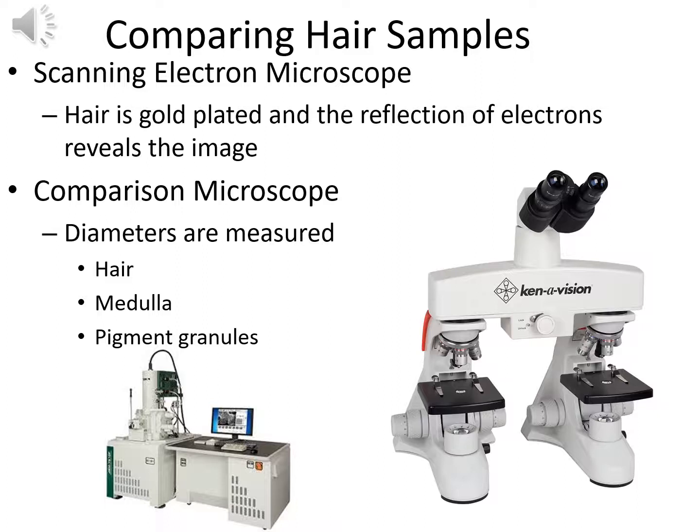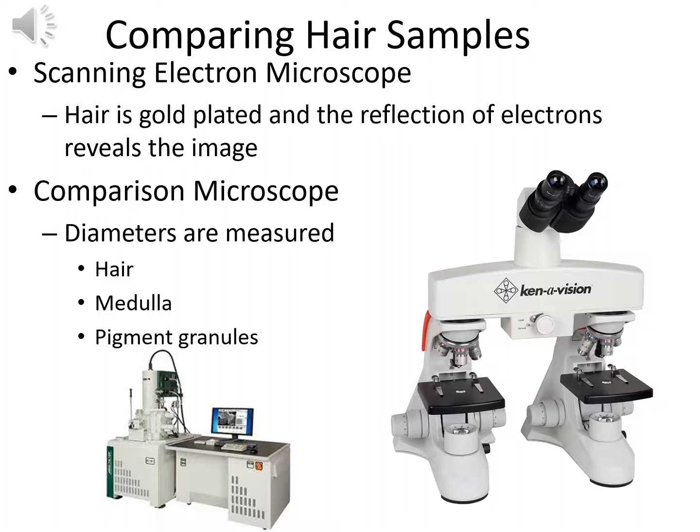So by plating the hair with a very, very thin layer of gold, right? Gold's expensive, we're not going to use a ton of it, but a very thin layer of gold or gold palladium or some other single metal or mixture of metals allows the electrons to reveal the image, and you can get really, really high resolution down to very, very fine features with a technique like scanning electron microscopy.